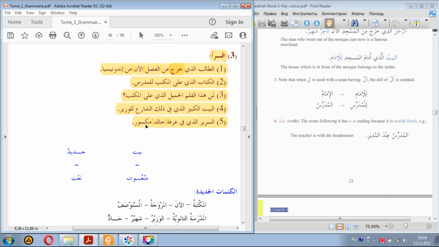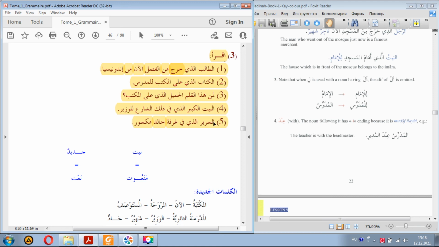And مكسور refers to سرير, السرير. So السرير مكسور. But then we want to specify which one, what's the sarir, and therefore we add this part. You see, in the beginning it could be just as-sariru maksurun, but we want to specify what this as-sarir is about, and therefore we add this الذي في غرفة خالد.